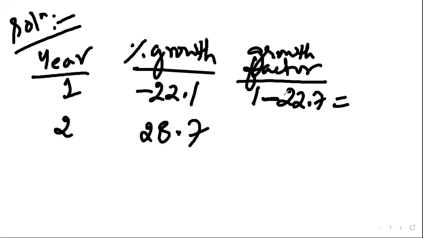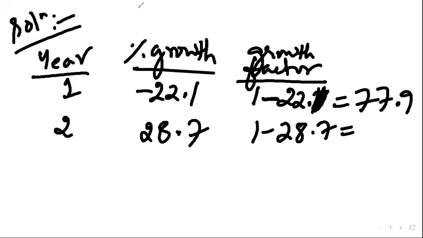What is the answer for 1 minus 22.1? Next, the growth factor is 1 plus 28.7.